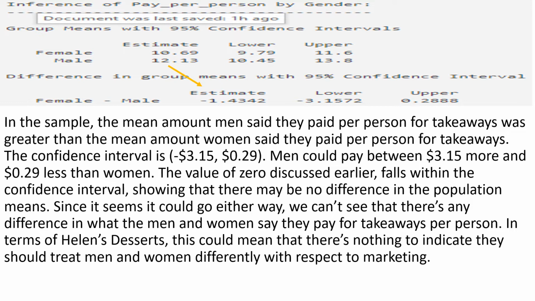So the value of 0 discussed earlier falls within this confidence interval. Okay, people, can you see that? Showing that there may be no difference in the population means. That's what we discussed way earlier as well.